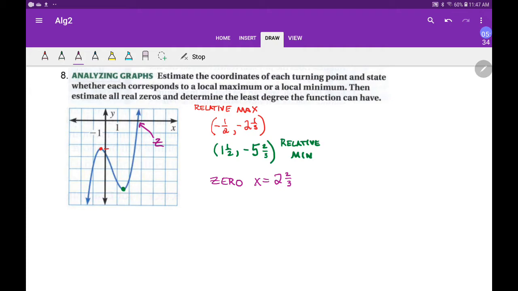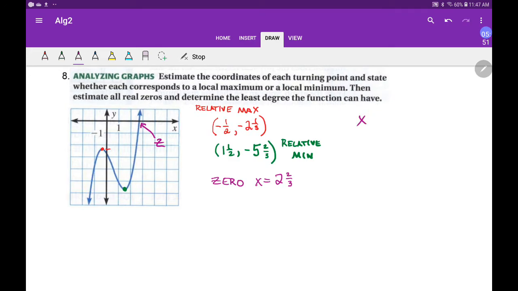The least degree the function can have. Okay, this is a little tricky. First of all, you're like, hey, it only crosses in one spot, so it must be just x. It's one spot, but hang on, it's not that. How many turning points do I have? 2. So I know I have to have at least x to the 3.